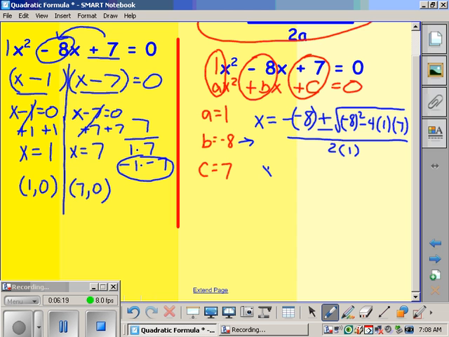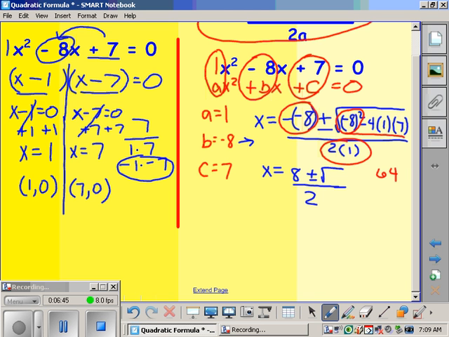Now we need to simplify this. What I do when I'm simplifying is I break it up into parts. So I simplify this and this first, and then under the radical, I do separately. So the -8 is +8. Then I just put a little radical sign here. Then over to the side, I do my math for what's under the radical. So I start with the (-8) squared, which is 64.